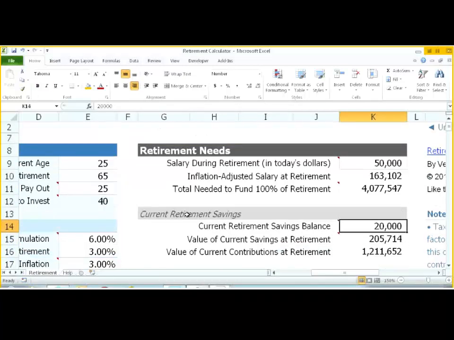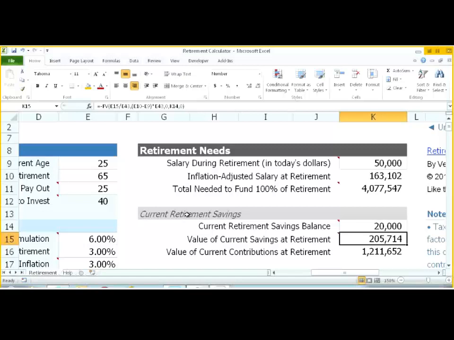So what this is saying is right now we start at 25 years old, and we've saved $20,000. If you just took that $20,000 and stuck it in an account at 6%, when you retire 40 years later, you've got $206,000. We did that calculation. Remember, if I put this amount of money in and I don't add anything to it, what's the amount after?